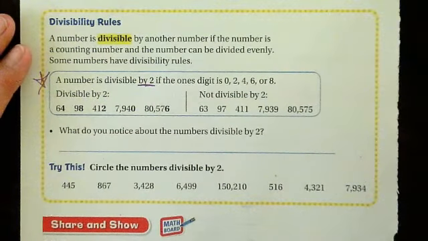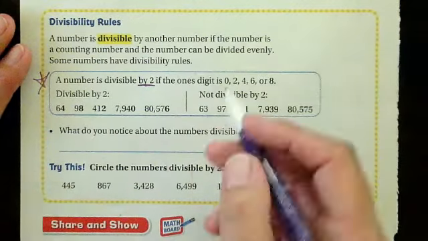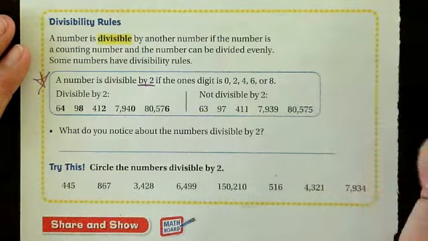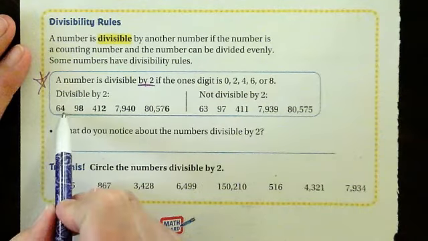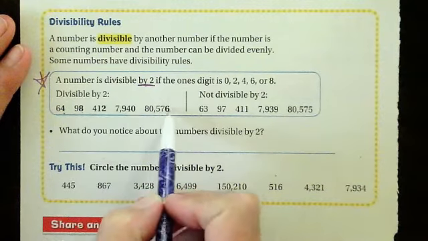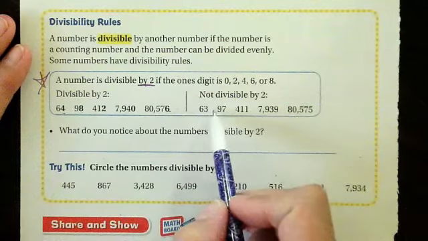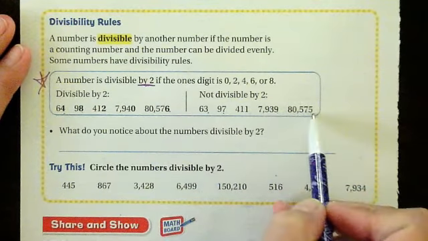A number is divisible by 2 if the ones digit, so the number in the ones place value, is 0, 2, 4, 6, or 8. So numbers divisible by 2 have one of those even numbers in the ones place. Numbers that are not divisible by 2 have an odd number in the ones place.